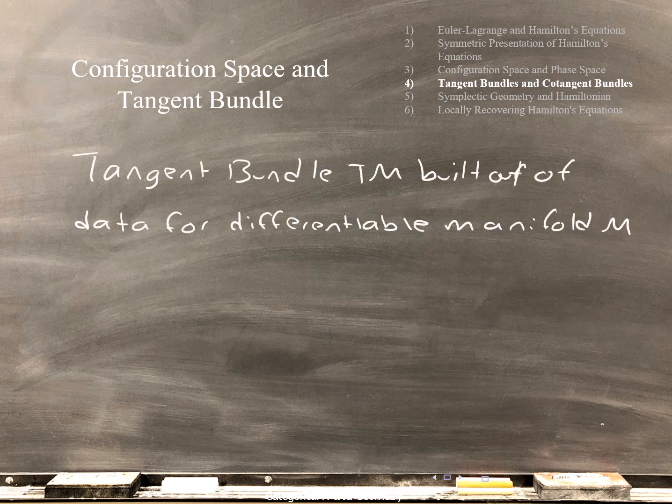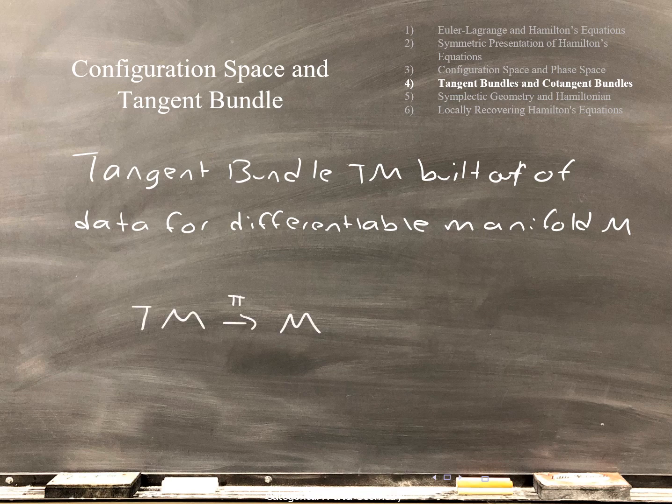So the tangent bundle is built out of the data for any differentiable manifold. So for any differentiable manifold, we have a notion of a tangent bundle. And what we do to get this is we take these vector spaces, which are associated with each point on our differentiable manifold, and we glue these together basically in a smooth way to construct our tangent bundle.